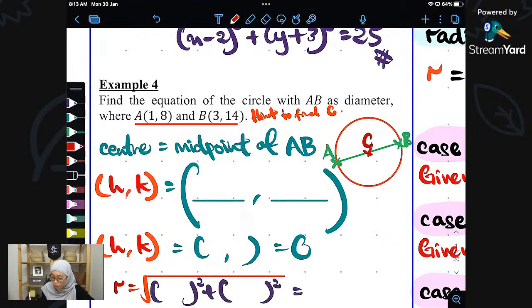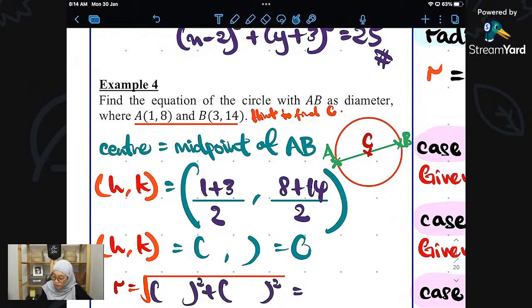So in order to find the midpoint, we just do x1 plus x2 over 2. In this case, I directly write the values. So 1 plus 3 over 2. Another one is 8 plus 14 over 2.